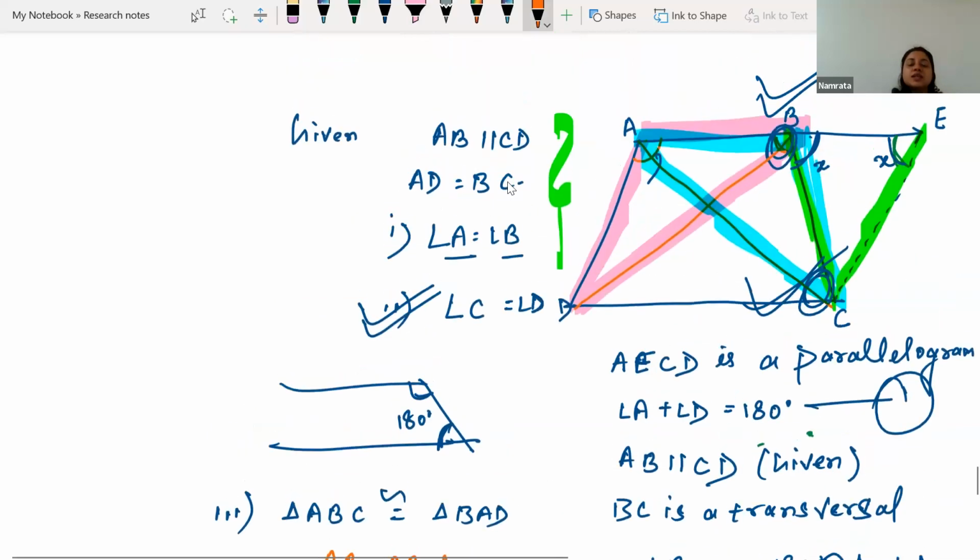Next, what is same? So we know that AD and BC are same. That is already given in the question itself, that pink triangle, one of the side AD, and sky triangle, another side BC, both are equal with each other. Let's write it. AD is equal to BC.